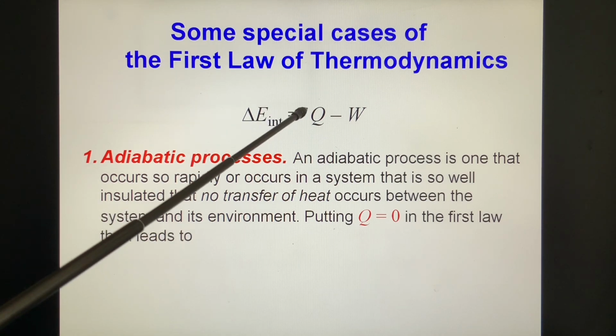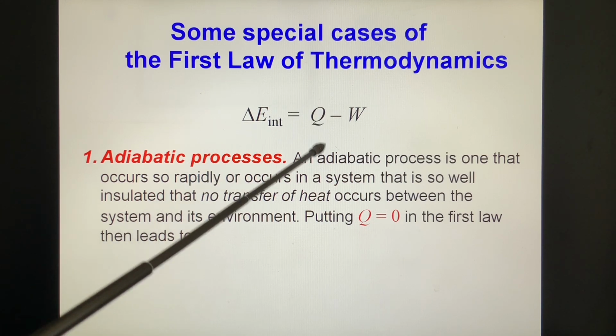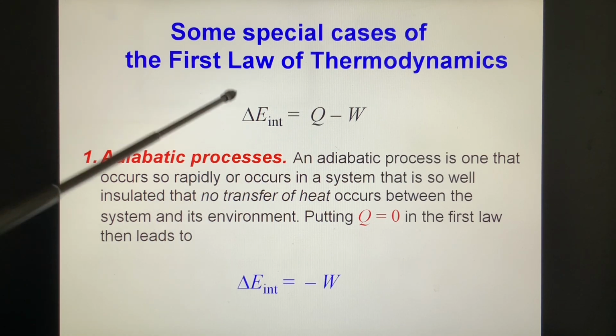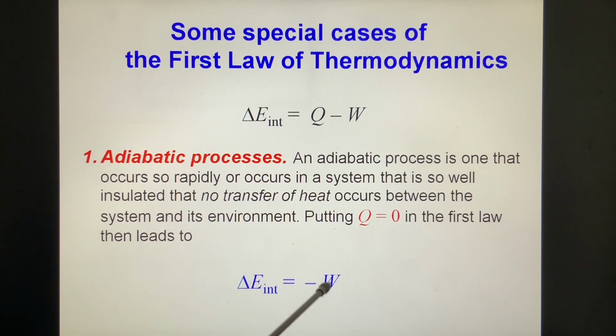Putting Q equal to 0 in the first law gives delta E internal equals minus W. We can see that if the system does positive work, its internal energy decreases.